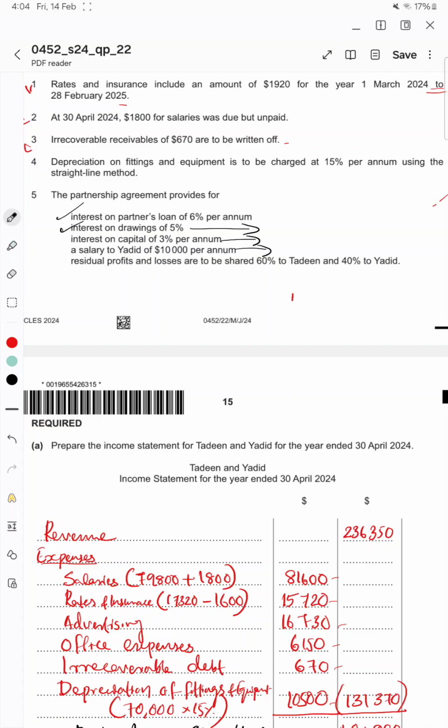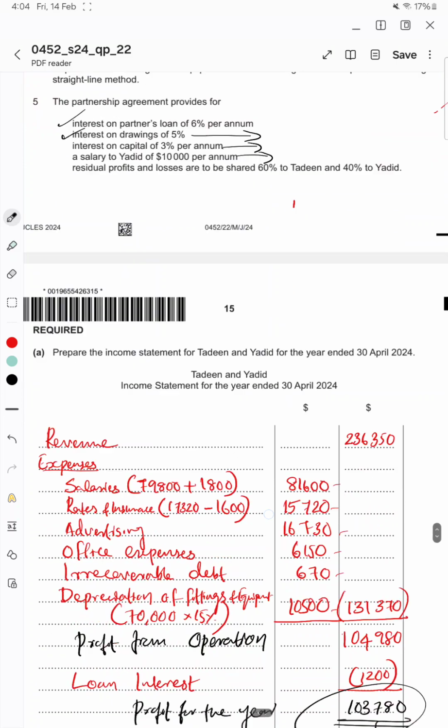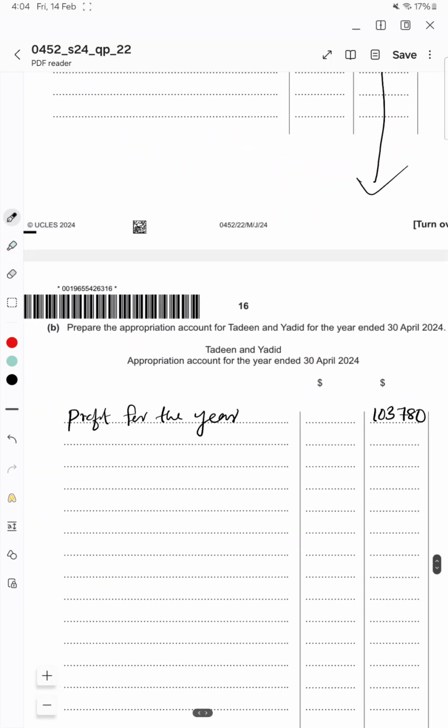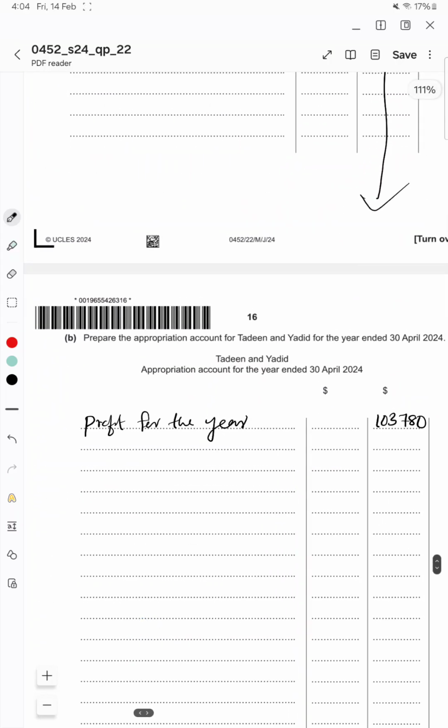Because the partner withdrew money from the business, that is drawings, for their personal use, and the partner has to pay this back to the business. So that is an income for the firm, it means it's a revenue, right? So we can add interest on drawings.